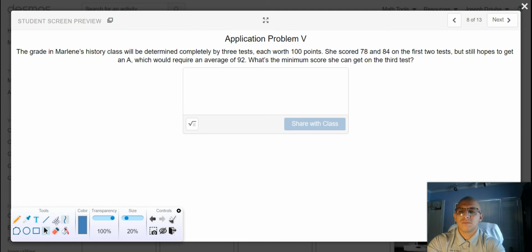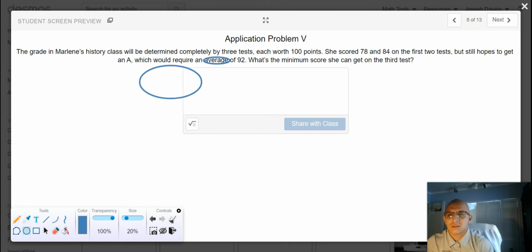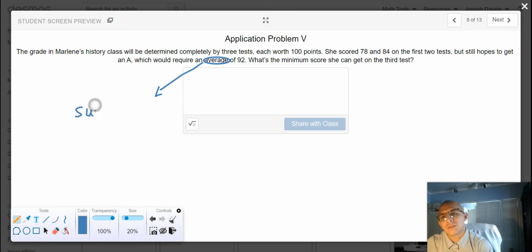I will highlight here, with this idea of an average, if you've forgotten what an average consists of, we would sum the items and divide by the total number of items.